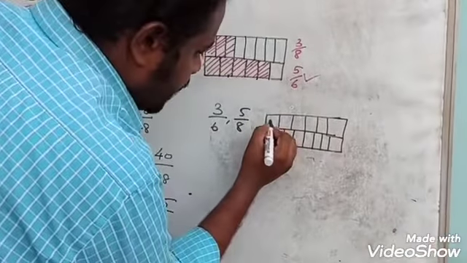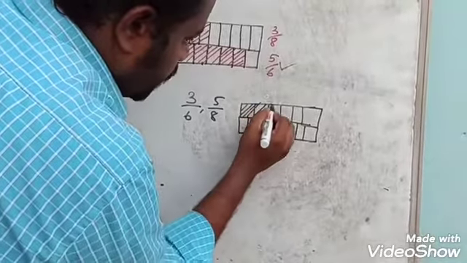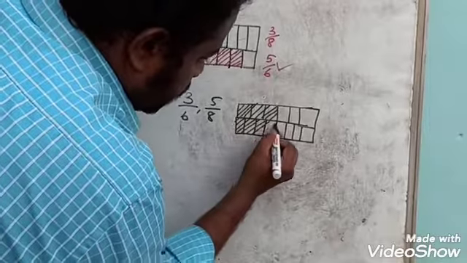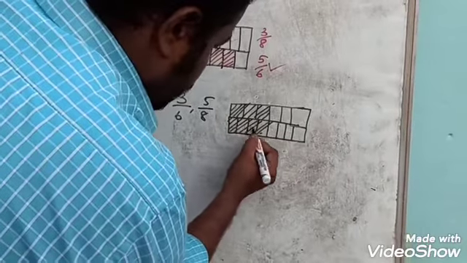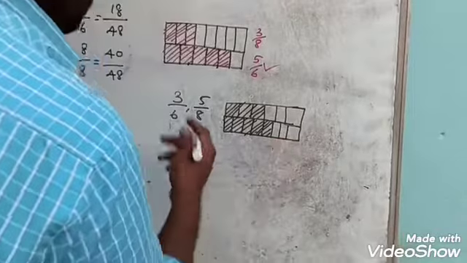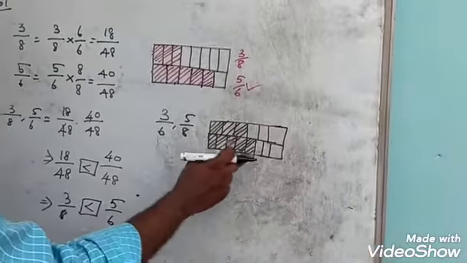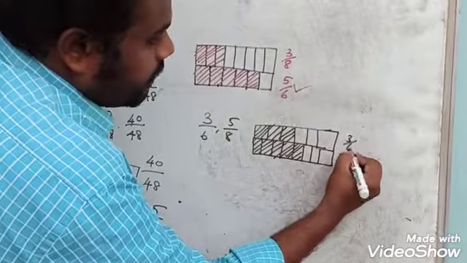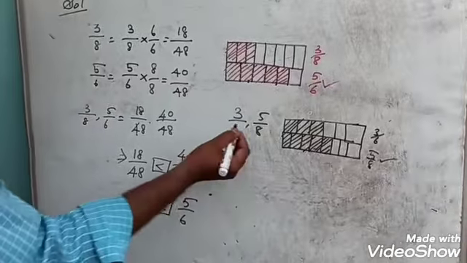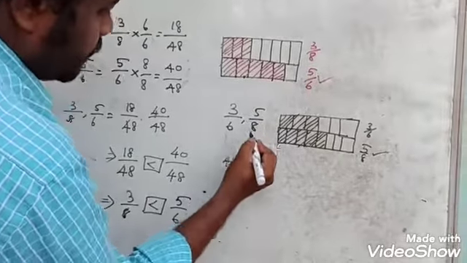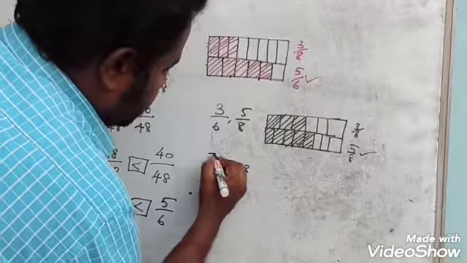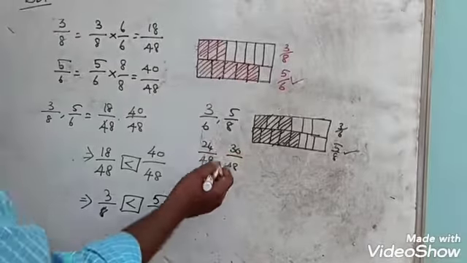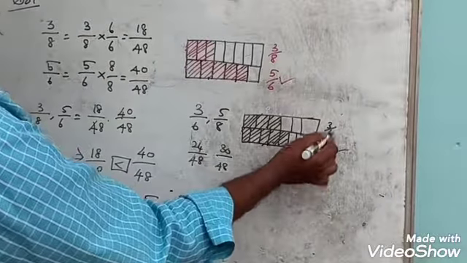In the first one I need to take 3 out of 6. In the second one I need to take 5 out of 8. So here also I get 5 by 8 as the answer, because 8 6s are 48 and 6 8s are 48. But 8 3s are 24, 6 5s are 30. So now we see 30 is the greater one. So already we get 5 by 8 is greater.